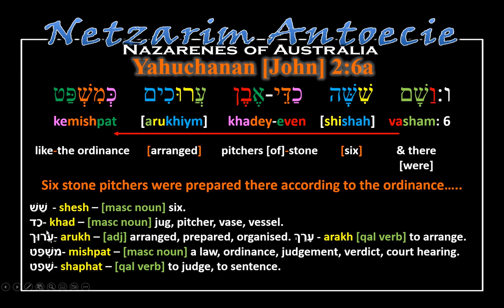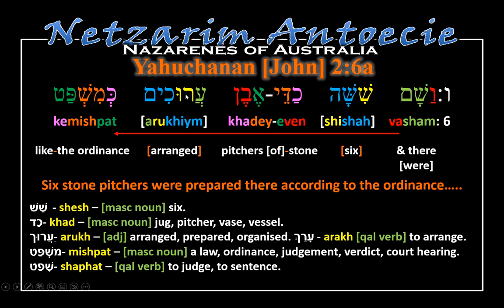So if we look down here, kad is the root word there, masculine noun for jug, pitcher, vase, or vessel. So pitchers, and then I've added of. And the reason we add of is this ending here with the zere, and the yod is like a construct form. So it's pitchers of, even, meaning stone.